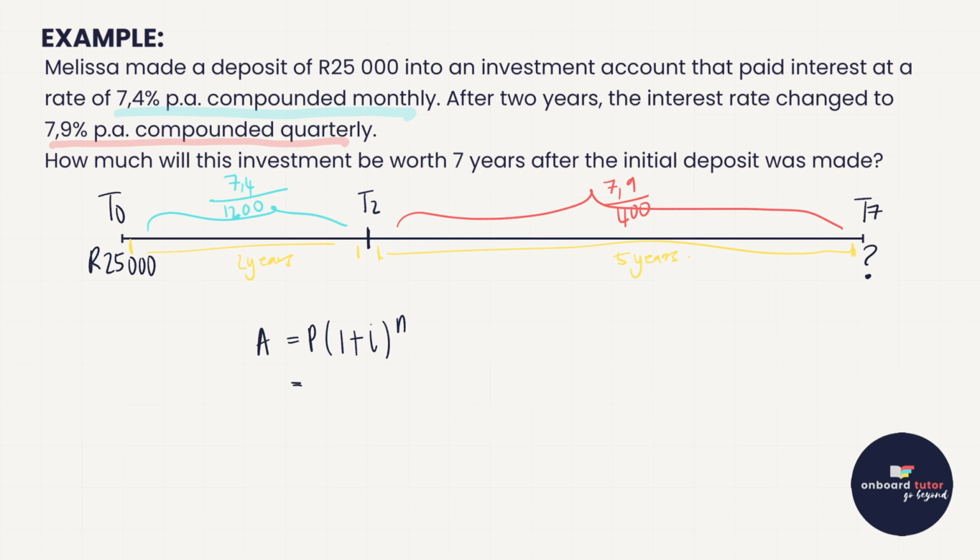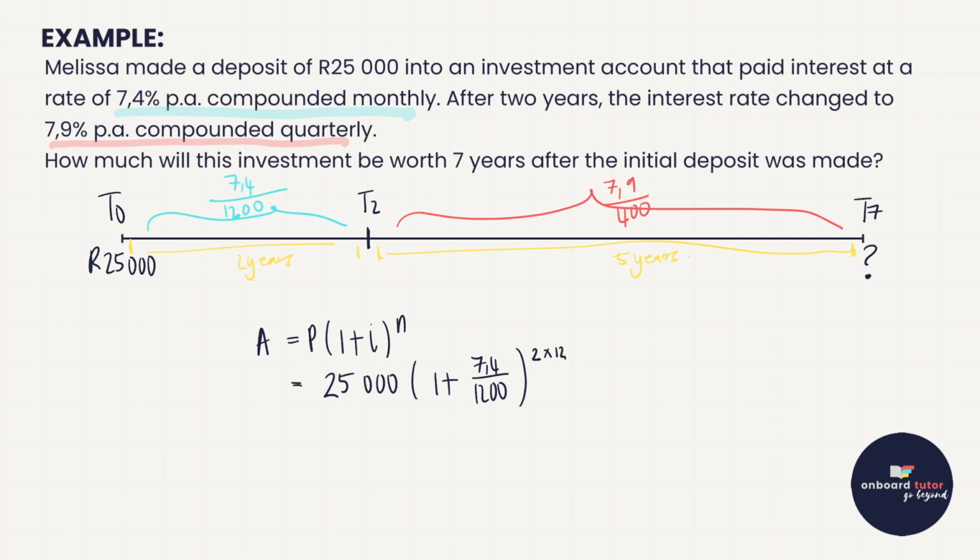So Melissa initially invests 25,000 Rand. 1 plus. The interest rate there initially is 7.4% monthly. So there we have it. And we said that was 2 years, but remember that it's being compounded monthly. So 2 times 12.